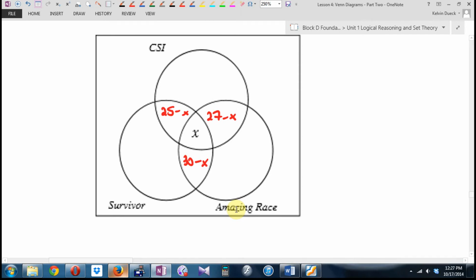I think here is going to go... let's think, how am I going to fill this in? It's going to be 40 minus all that.